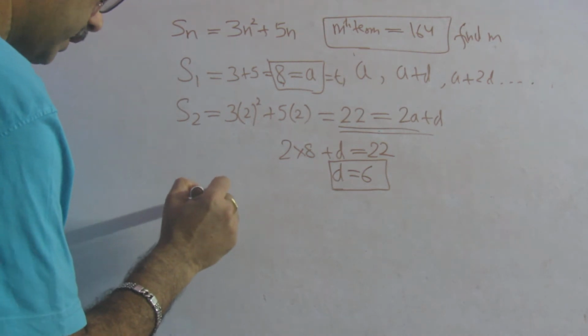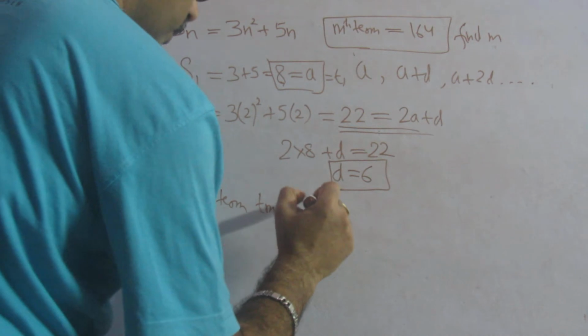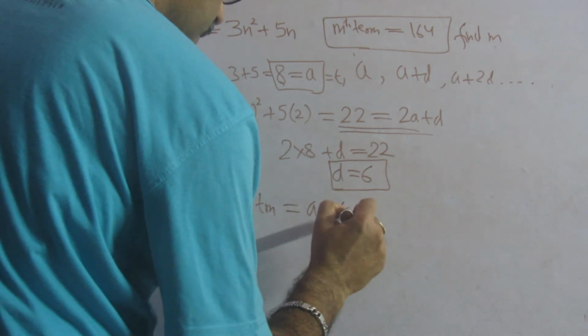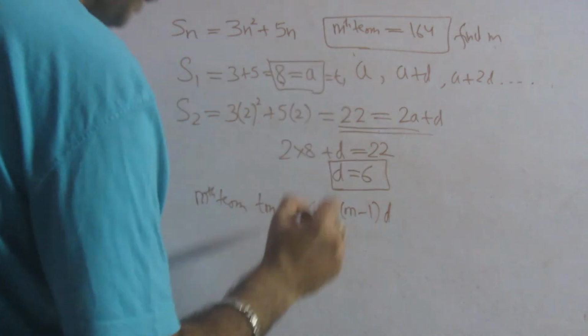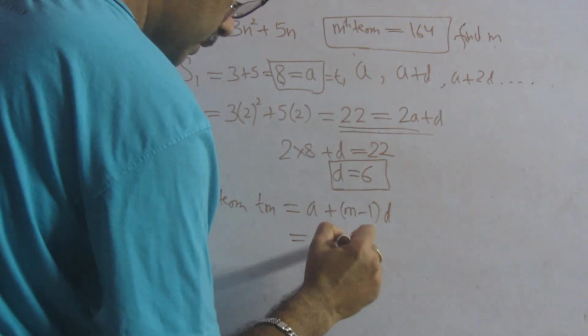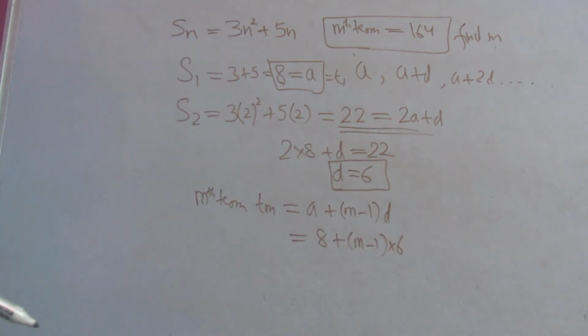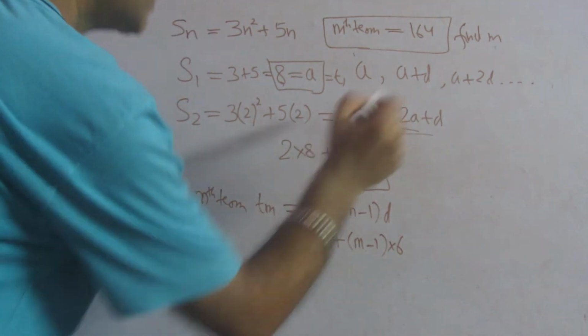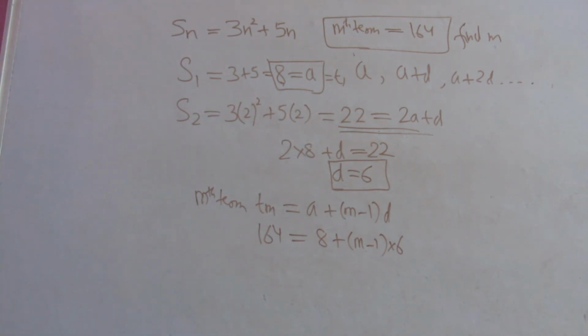So the mth term Tm would be A plus m minus 1 into D. So my A here is 8 plus m minus 1 into 6, and this is given as 164.